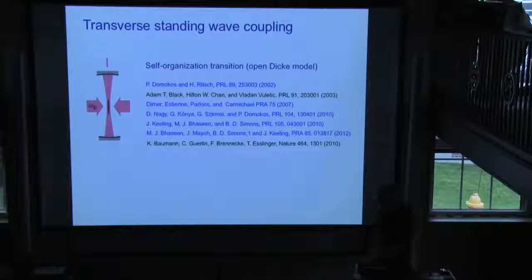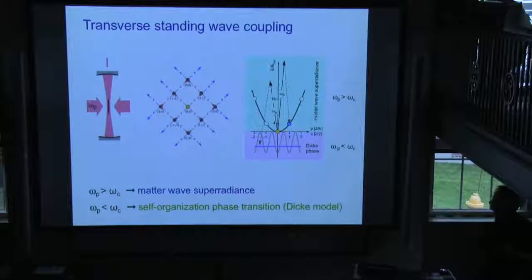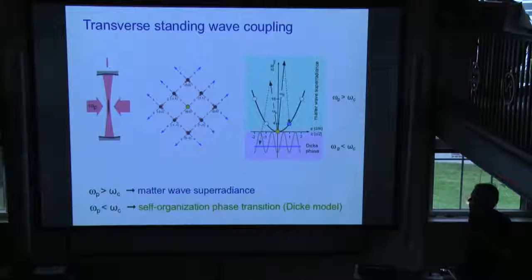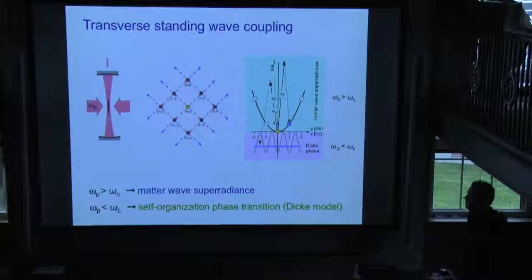In this case, you have heard already a few times that there's a self-organization transition, and in some parameter space, this is sort of a simulation or an emulation, if you want, of the open Dicke model, closer to the self-organization phase transition. And how does that come about?